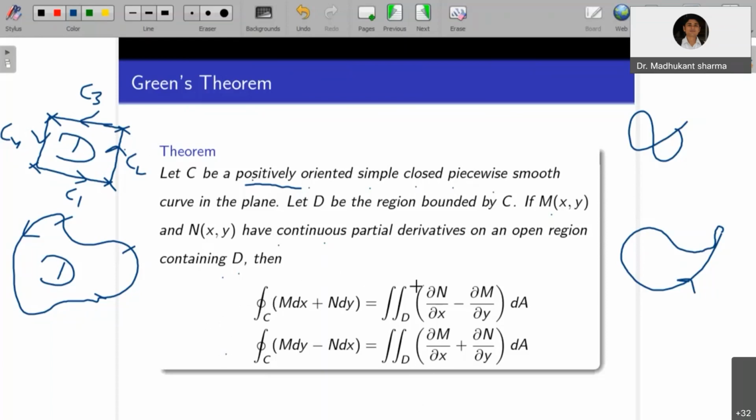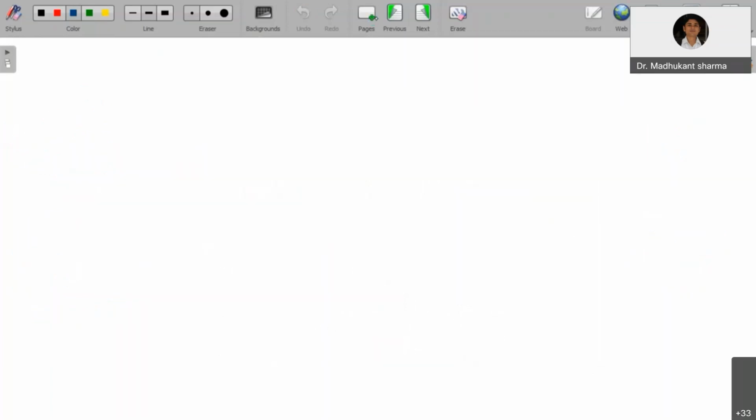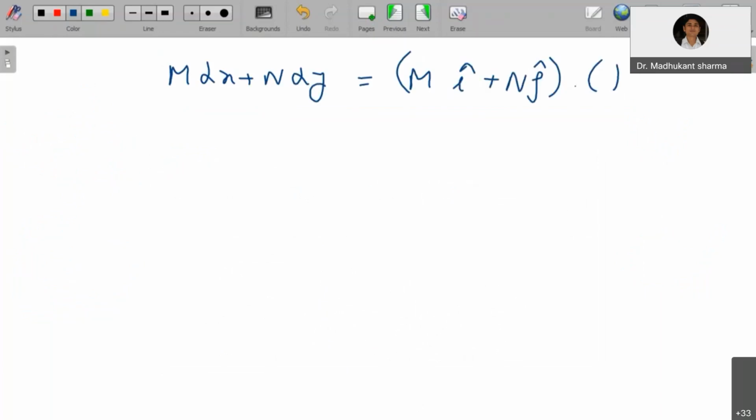Now, I am going to write it in vector form also. Let me show you that M dx plus N dy is going to be M i plus N j dot product with dx i plus dy j.